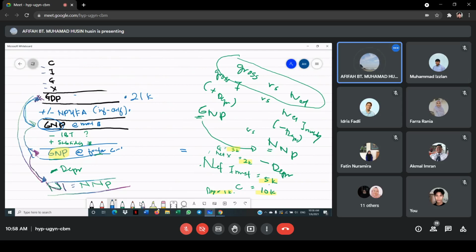Jawapan lain? 20K. Any other attempt? Ada lagi? 19 ke? 22 ke? Tak ada? Okay, let's calculate.